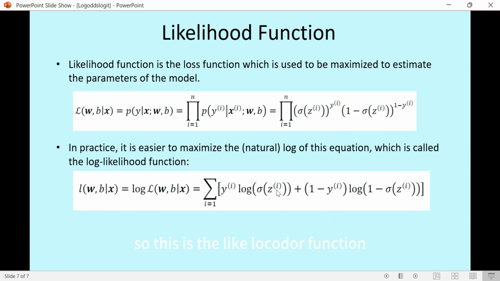So this likelihood function includes all the information we have seen, and it can be used to estimate the model, right?